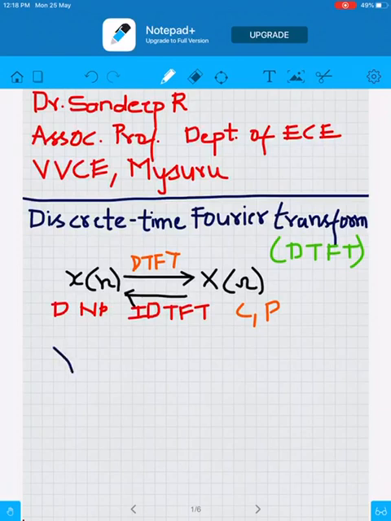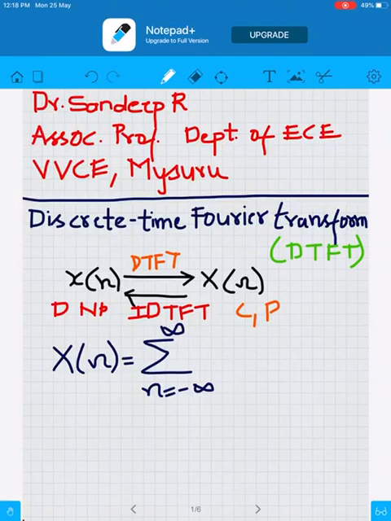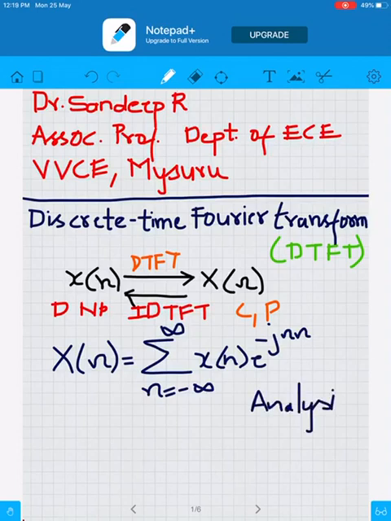So x of omega is given by summation n is equal to minus infinity to plus infinity x of n into e power minus j omega n. This is called the analysis equation, or it is also called the forward transformation equation.